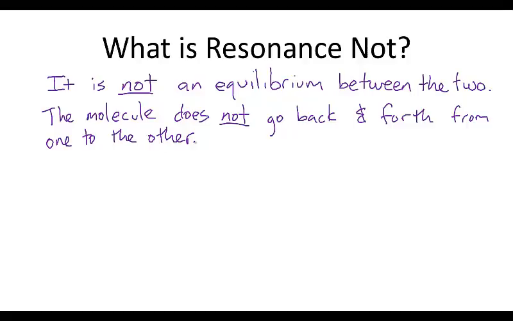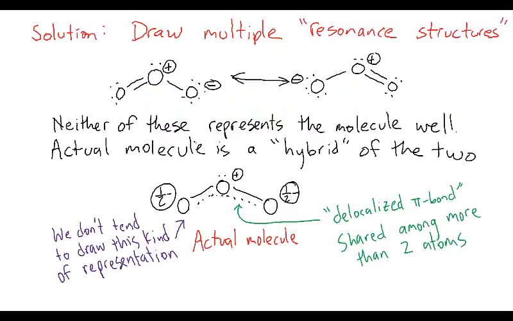So a hybrid is not something that goes back and forth between two states. It exists in one state in between the other two things. So resonance is not going back and forth from one structure to the other. It is never the resonance structure on the left, and it is never the resonance structure on the right. It is always somewhere between the two.